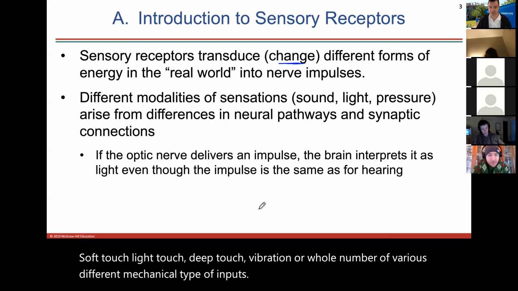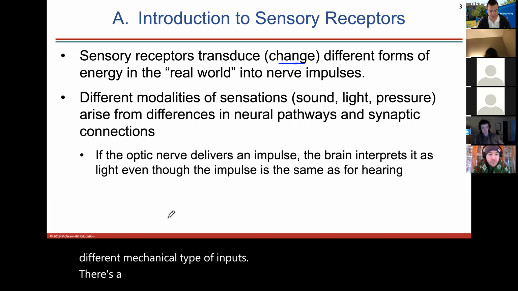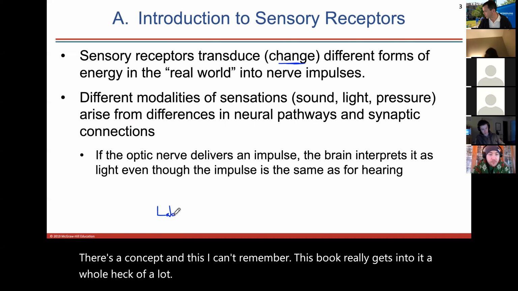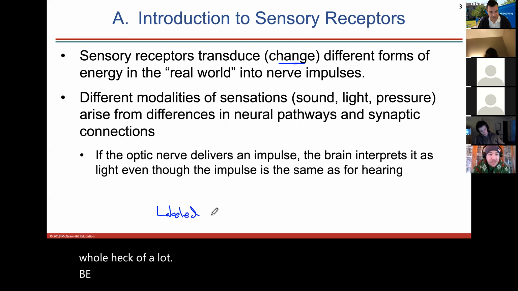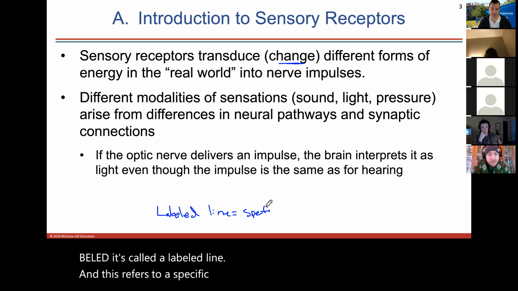There's a concept, and I can't remember if this book really gets into it a whole lot. It's called a labeled line. This refers to a specific stimulus.